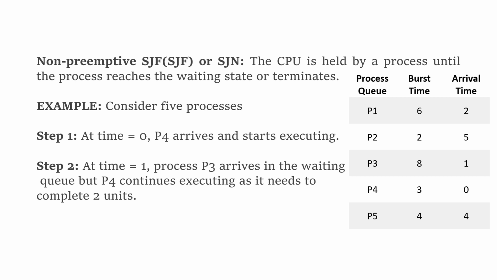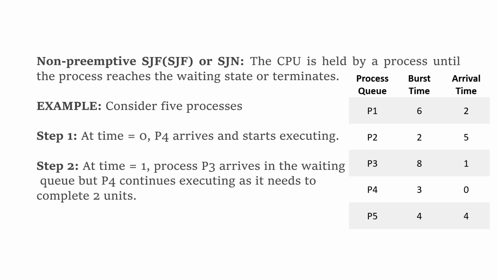Consider 5 processes given in a table in the process queue. The processes P1, P2, P3, P4, P5 are there. Their burst time and their arrival time are given. At time 0, P4 arrives and starts executing.